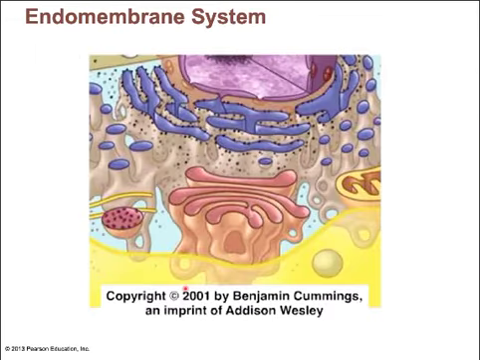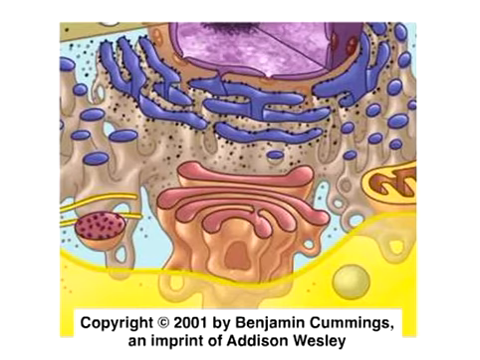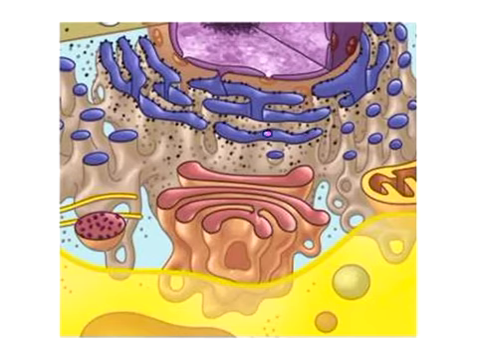So let's take a look now at the endomembrane system. A secretory protein is synthesized inside the rough endoplasmic reticulum, migrates through it, and exits inside a vesicle. The vesicle travels through the cytoplasm to the Golgi apparatus.